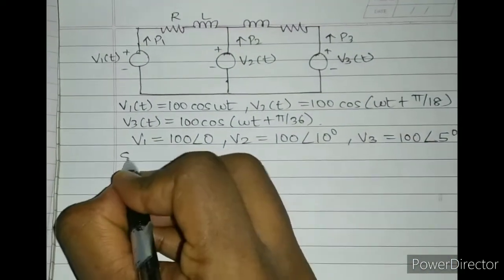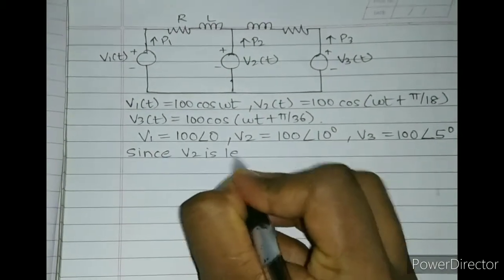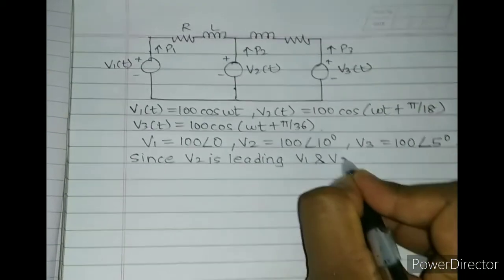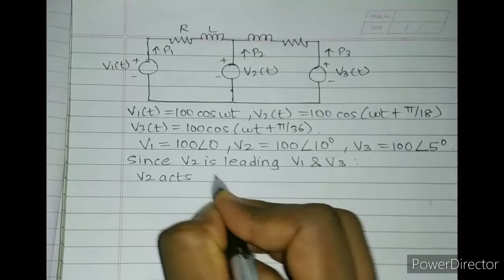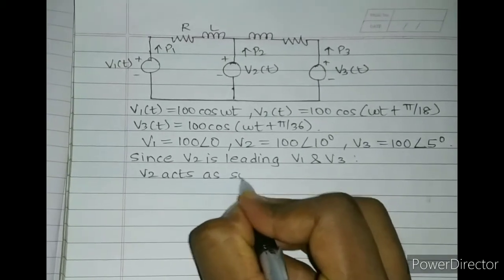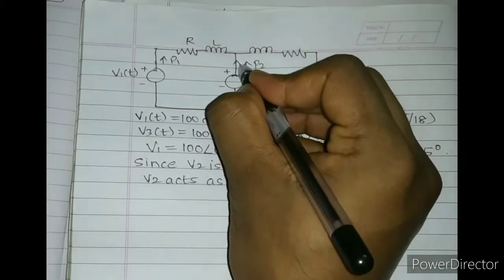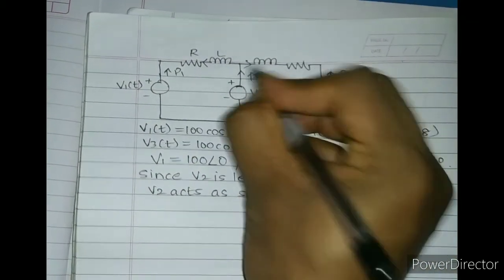Now since V2 is leading V1 and V3, V2 acts as a source and thus the direction of current will be outwards from V2 and will be inwards towards V1 and V3.